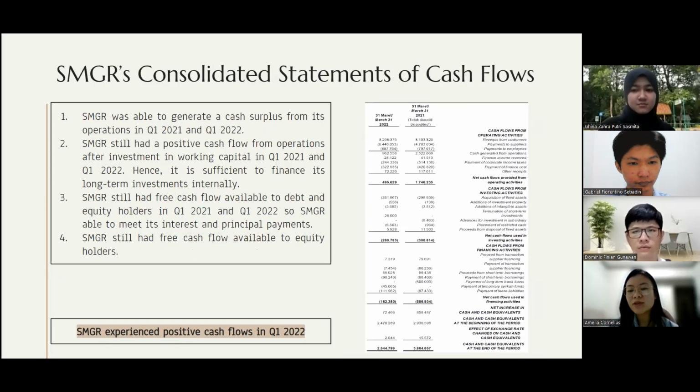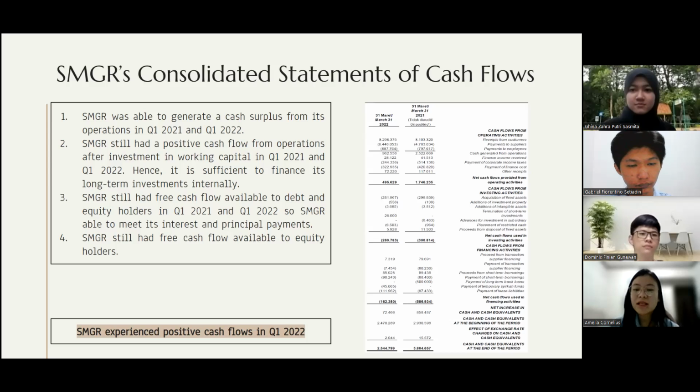Now we move to the SMGR statements of cash flow. We can see that SMGR was able to generate a cash surplus from its operations in Q1 2021 and 2022. SMGR still had a positive cash flow from operations after investment in working capital in Q1 2021 and Q1 2022. Hence, it is sufficient to finance its long-term investment internally.